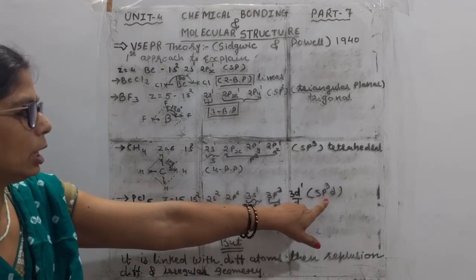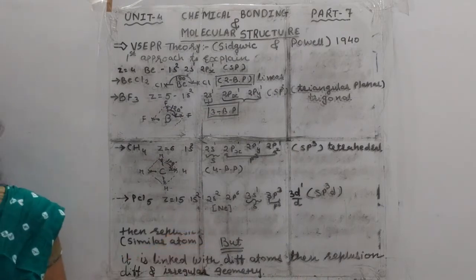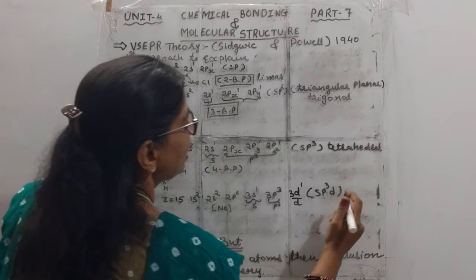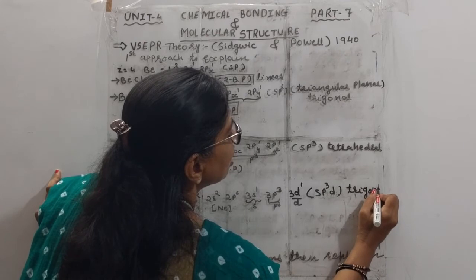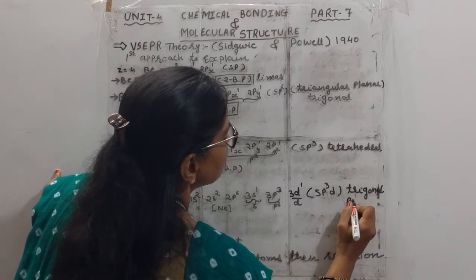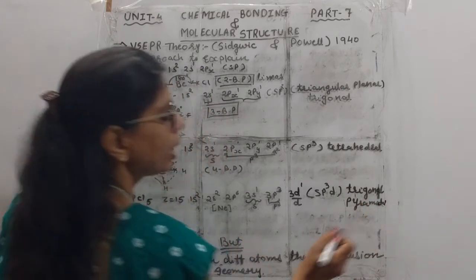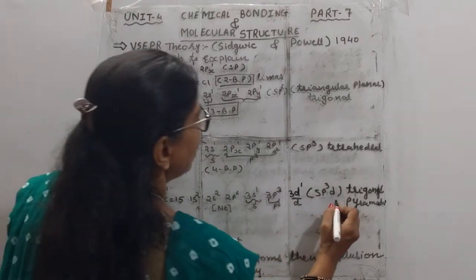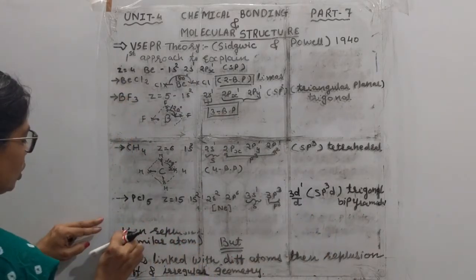So sp3d, a total of 5 orbitals took part in this hybridization of PCl5, and that's why PCl5 has a trigonal bipyramidal shape, and this shape we will draw with the Lewis dot structure.